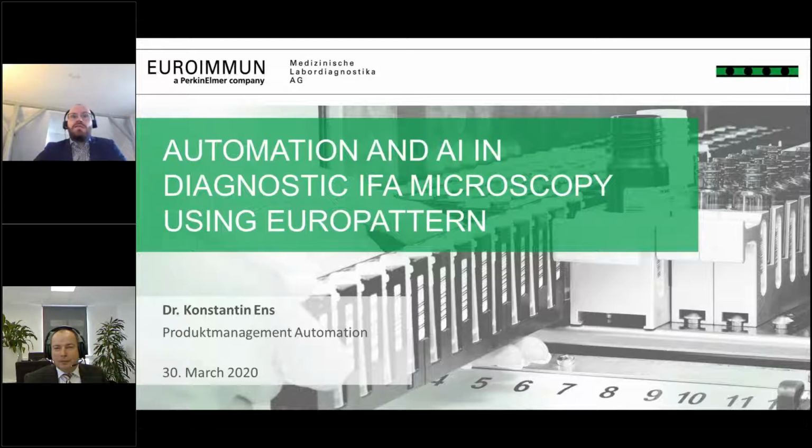His focus initially was artificial intelligence and image processing for EUROPattern, the software behind the revolutionary EUROPattern microscope that you will be hearing about later on. And since 2014, he's product manager for automation software solutions at Euroimmune, and his portfolio responsibilities include microscopy, random access automation solutions for the diagnostic laboratories.